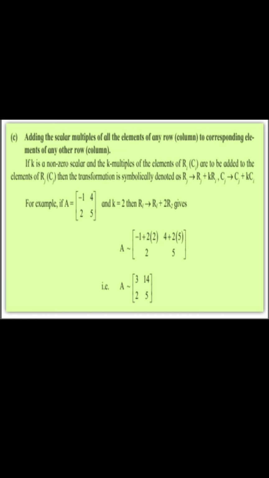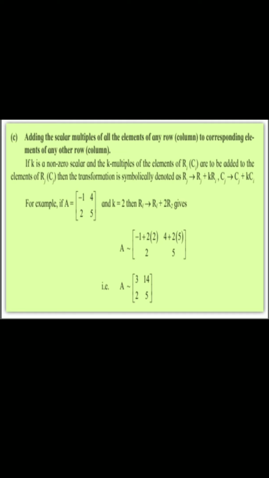In this point, if k is a non-zero scalar and the k multiples of the elements of Ri, or column Ci, are to be added to the elements of Rj or Cj, then the transformation is denoted as Rj interchange to Rj plus k times Ri, and also column Cj interchange to Cj plus k times Ci.